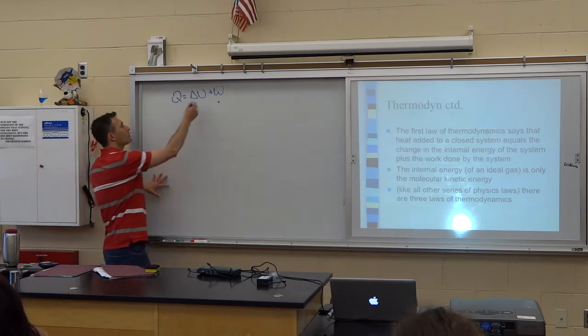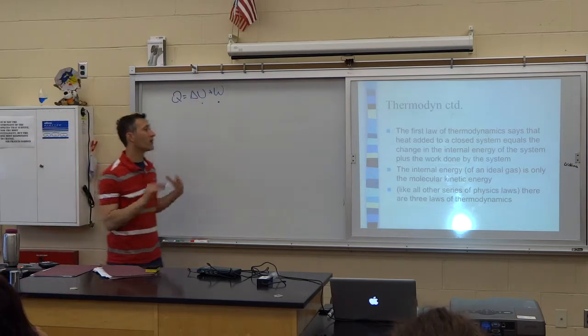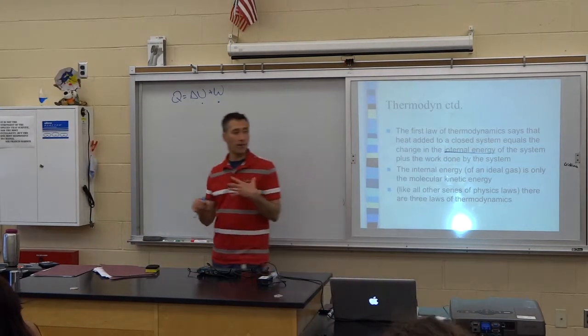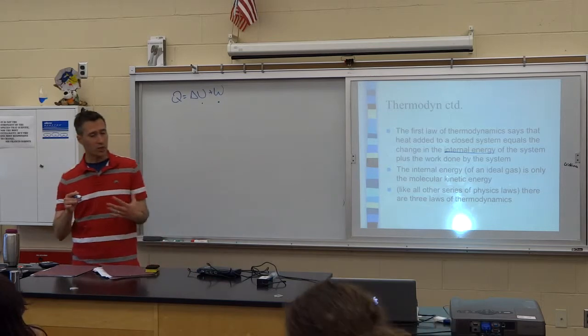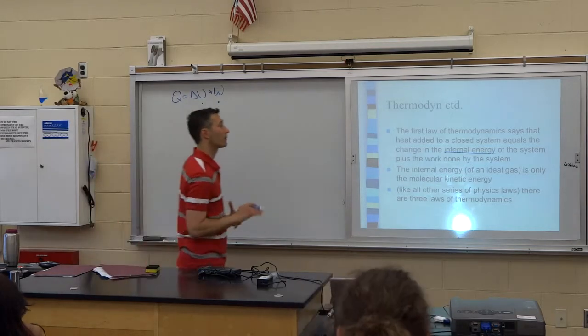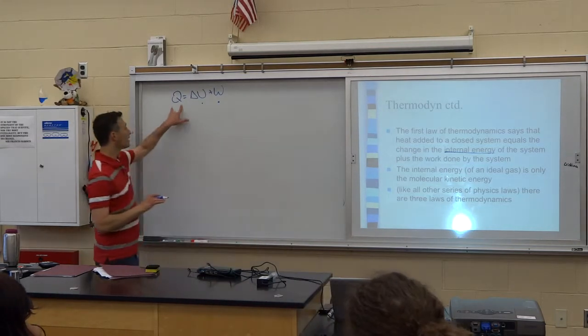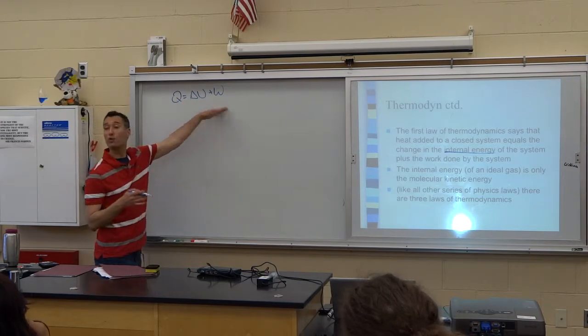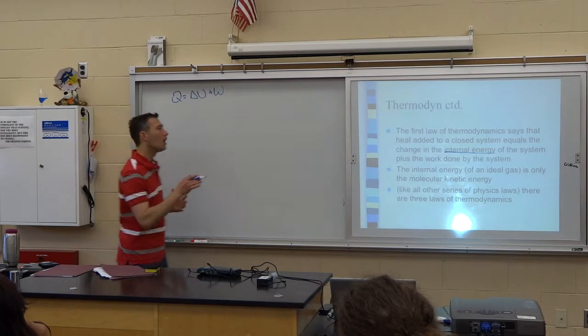That's what this U stands for: internal energy. Internal energy could be potential energy if we're doing a phase change. It could be kinetic energy if we're doing a temperature change. So we deliver heat to something. It could go into the molecules, or it could do mechanical work to the surroundings.